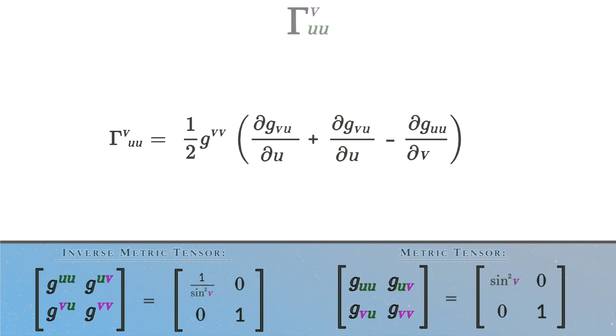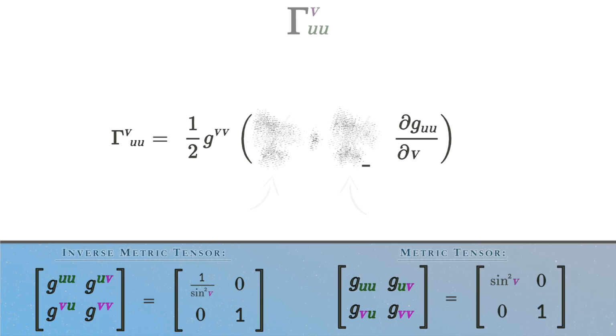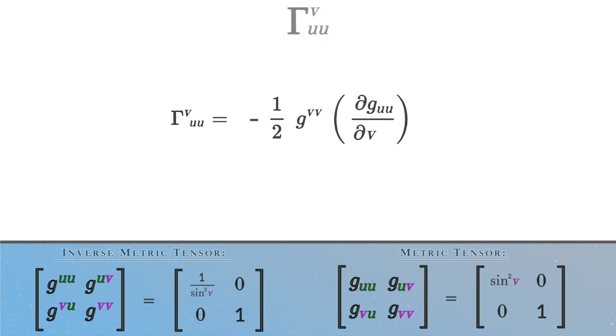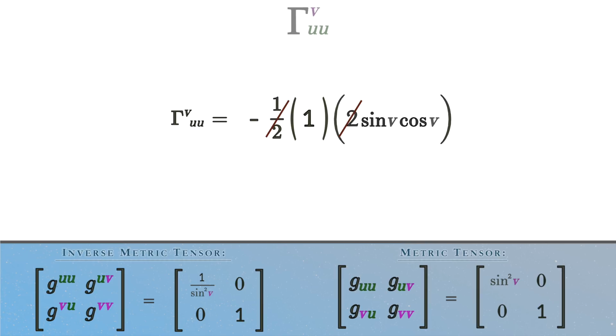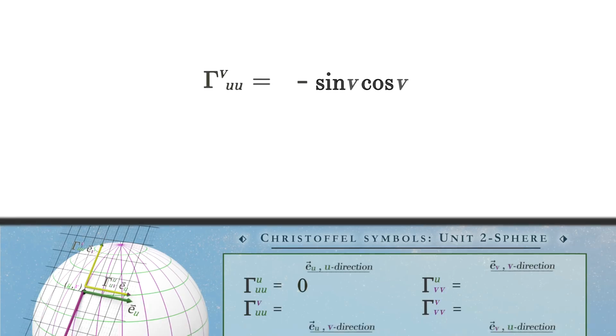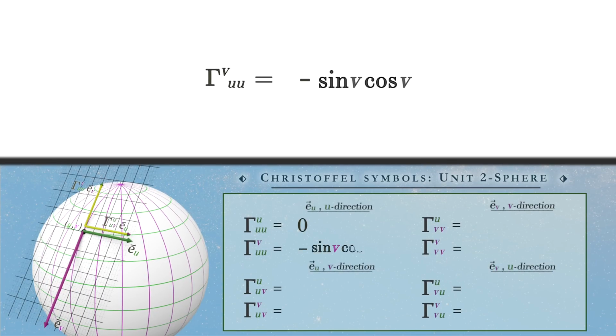Within the second term, these two dG_vu/du terms are also 0, leaving us with just this expression. The derivative of G_uu with respect to v is 2 sine v cosine v, and G^vv equals 1. So plugging those values in yields the value of our second Christoffel symbol, minus sine v cosine v.